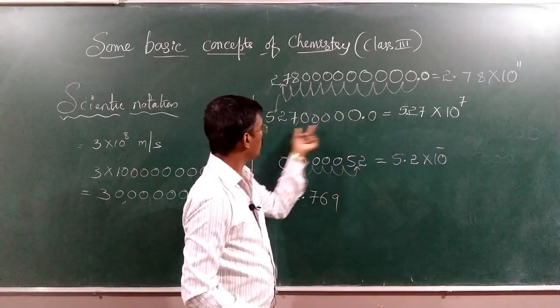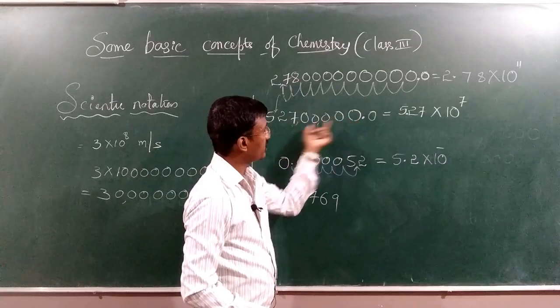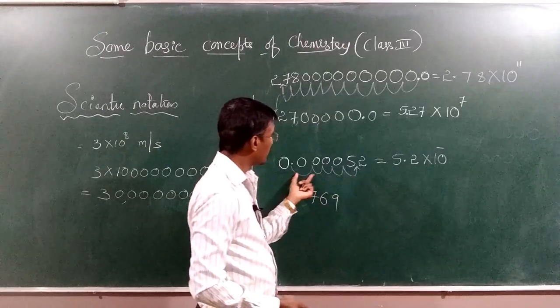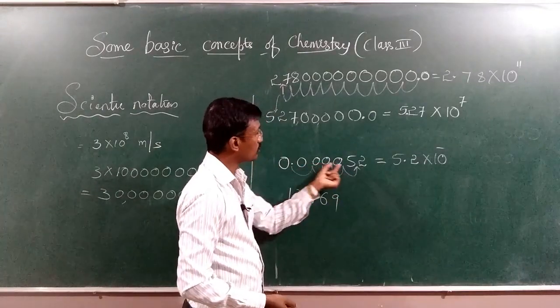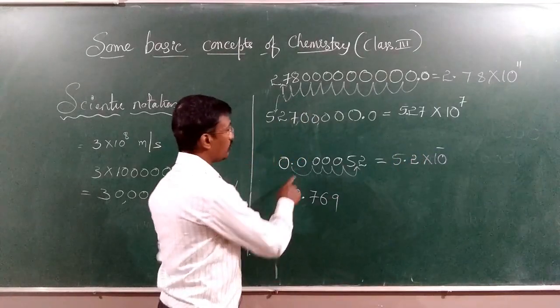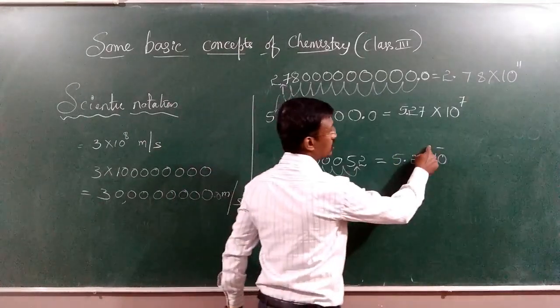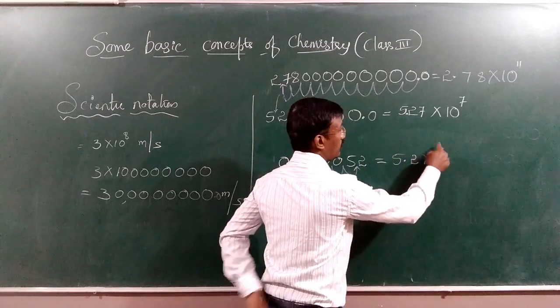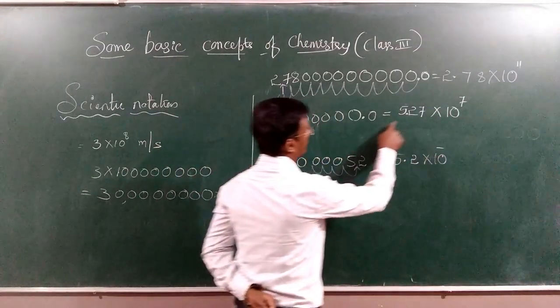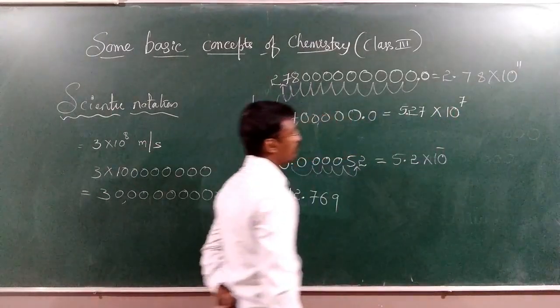While increasing the number, you reduce the power, which means you write the number of places with a minus sign. While reducing the number, you write the power with a positive sign.